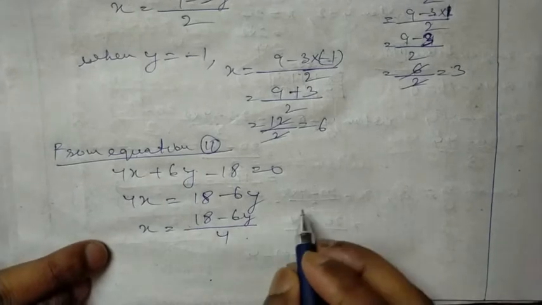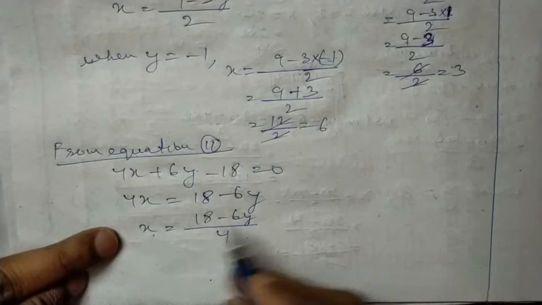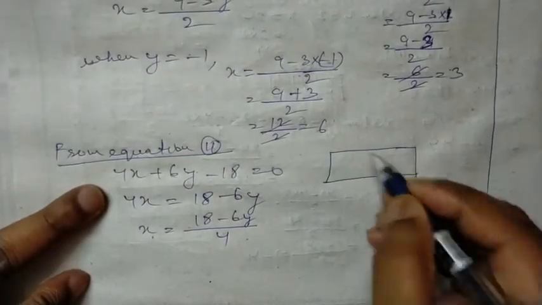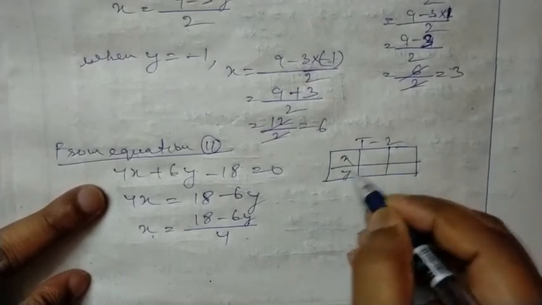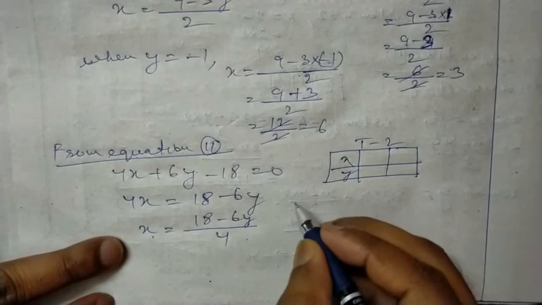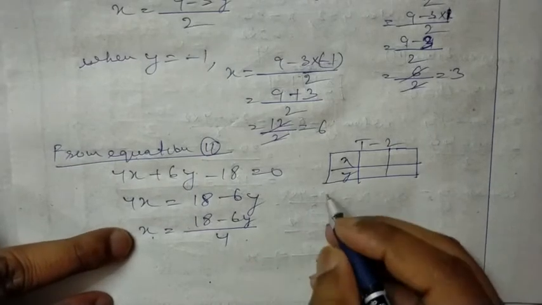Whenever we take the value of y, we will get the value of x. So here will be table 2, x and y. What value of y do we take?